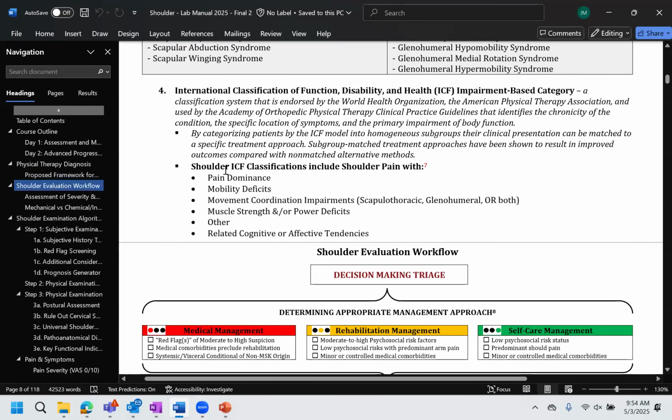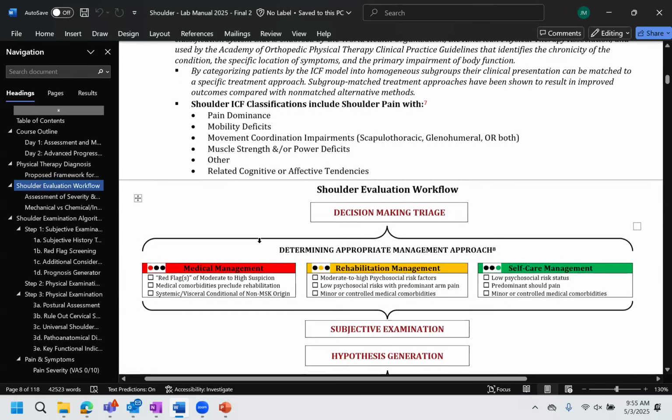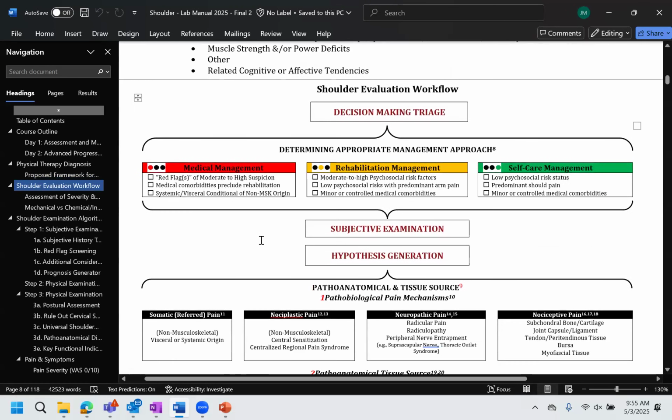And then our shoulder ICF classifications would fall under one of the 6: pain dominant, mobility deficits, motor coordination, muscle strength or power, other, meaning it may be not captured by the other 5, and then related cognitive and/or affective tendencies, which can accompany any one of the other ones. And so when you look at the clinical practice guidelines, regardless of the body region in question, those are the consistent buckets that they come out with.